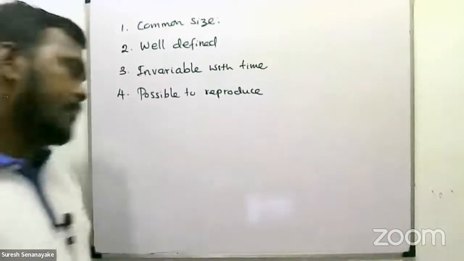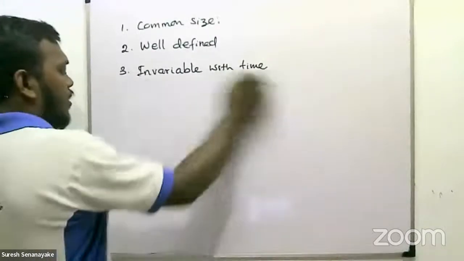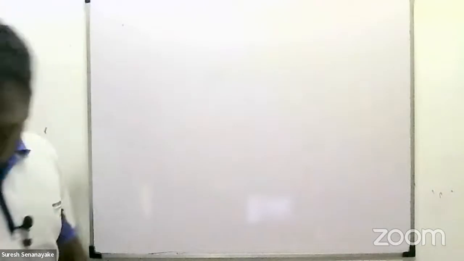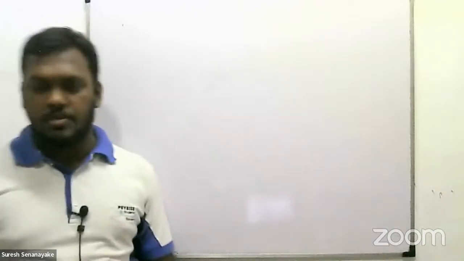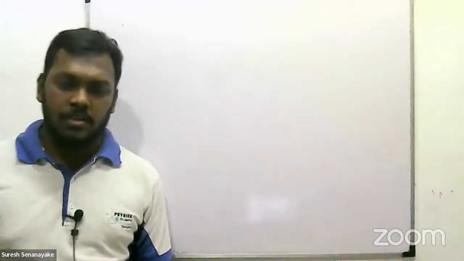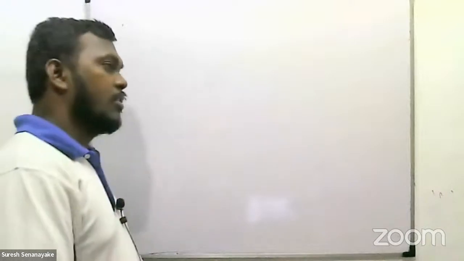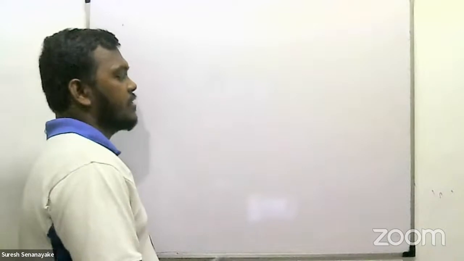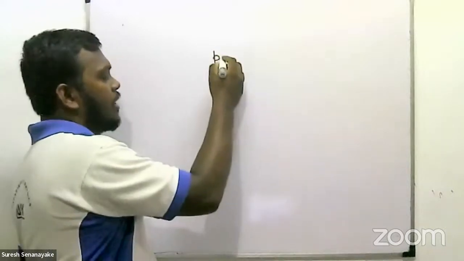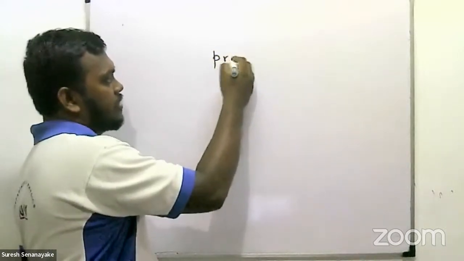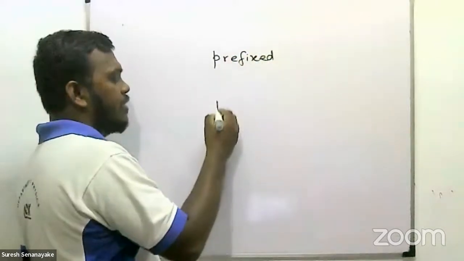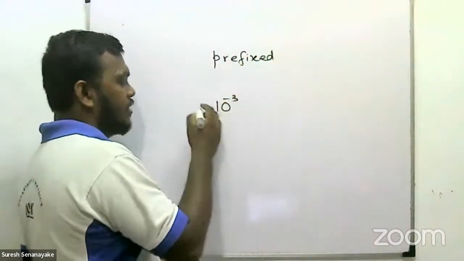Okay then. When we are considering units, some units are very large and some measurements are very small, right? To express this, we use prefixes. Prefixes are multiples of powers of ten. As an example, take 10 to the minus 3.